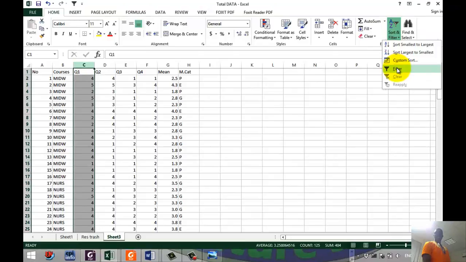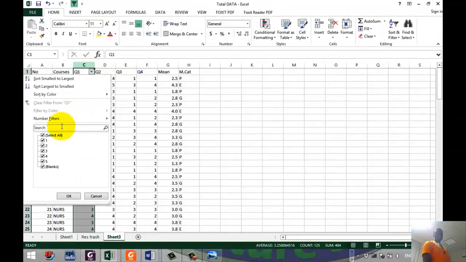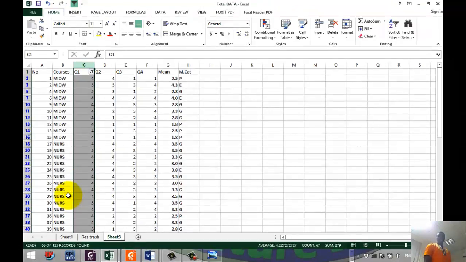So we come here, we filter, and our interest is only in 4 and 5. We just pick 4 and 5, click OK. And if you look down here, you can see 4 and 5 is 66 out of the 125 respondents. You have 66 of them choosing 4 and 5.